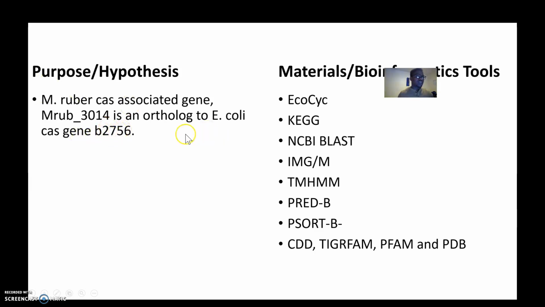To investigate our hypothesis, we used a variety of databases, starting with EcoCyc, which is a database dedicated to E. coli. We used it to learn more about the E. coli CRISPR-Cas system, and then we used KEGG to learn more about genes and proteins of the CRISPR-Cas system for both MROB and B2756.